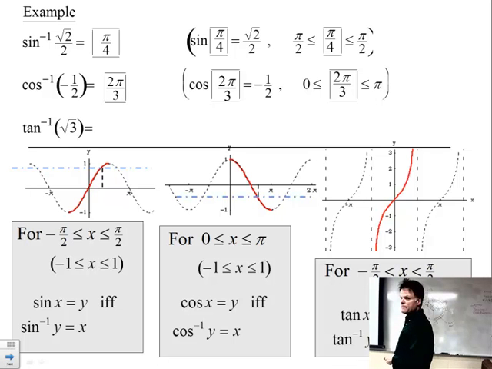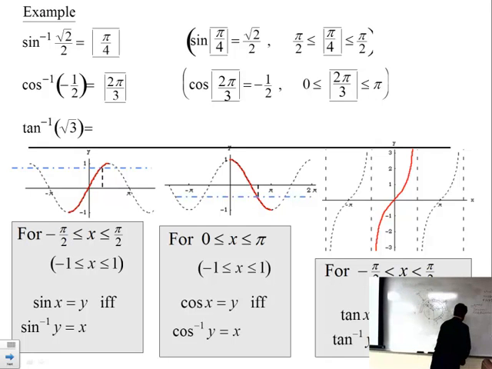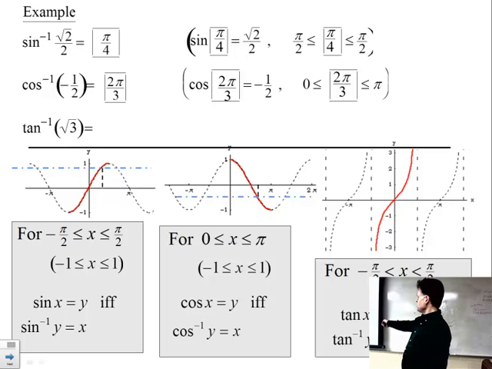How about one more? Tan inverse of root 3. This is another special angle in tan. So the tangent of some angle is root 3. How do we do that? You could do it using this picture. You draw y equals root 3 through there, which is about 1.732, and the x-coordinate where it crosses the red line, that would be the answer.